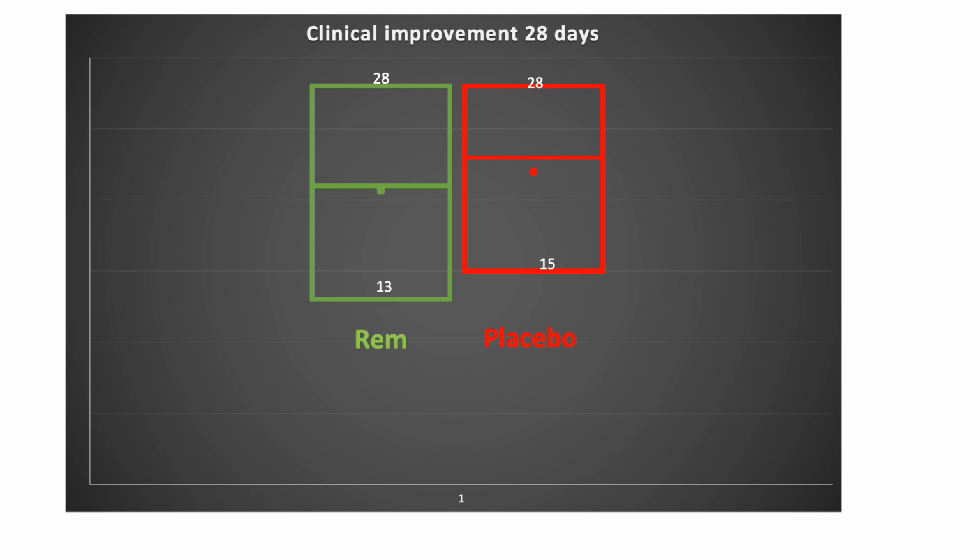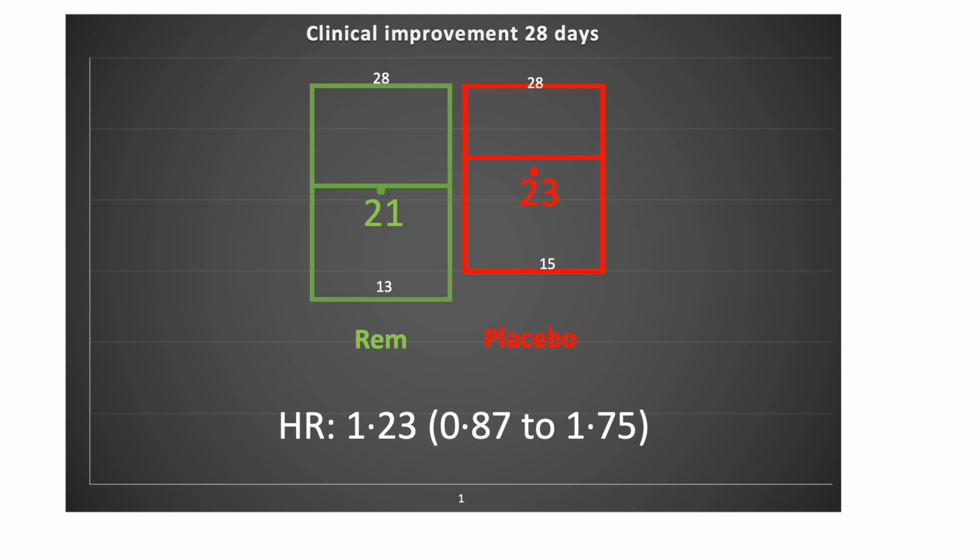So with Remdesivir, clinical improvement occurred in 21 days, which was a median time period of clinical improvement, compared to 23 days in the placebo arm. So this difference was not statistically significant. So the time taken for clinical improvement in the first 28 days of treatment was not different between Remdesivir and placebo.